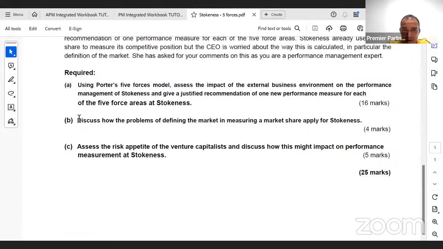Then discuss how the problems of defining the market in measuring a market share apply for Stokeness. I will reword the question in a while. Then you will ask me, okay, is this the question? Now try to understand this question.